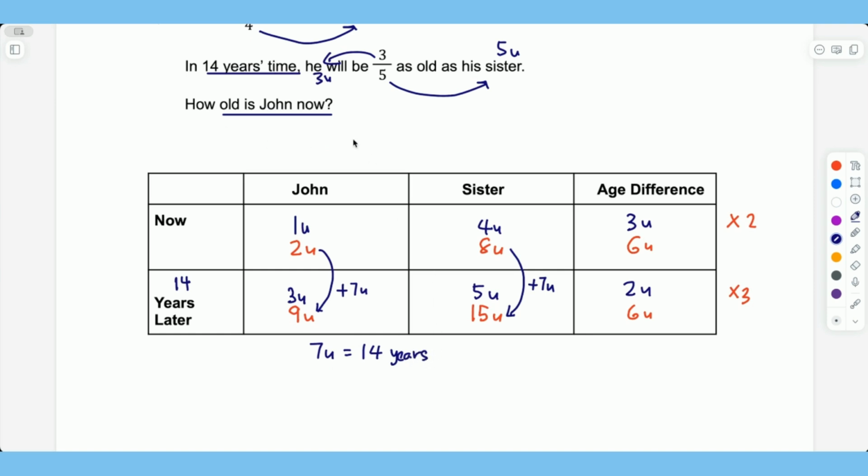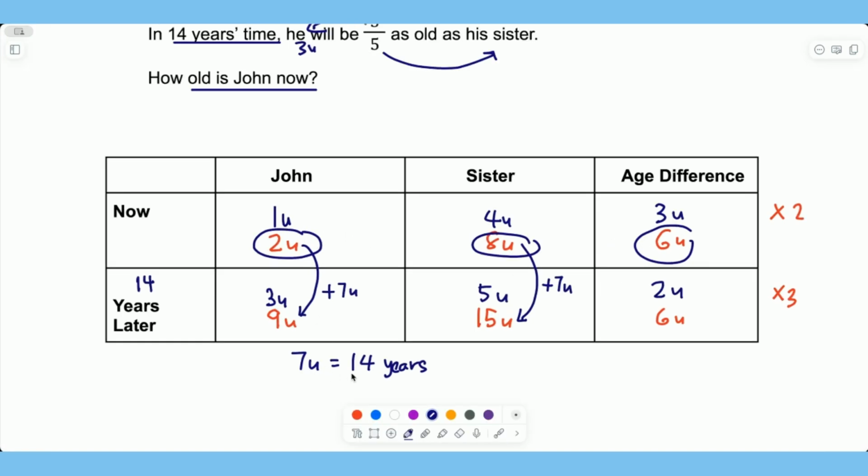The question wants us to find out how old is John now. And we have to look at this number here that we have multiplied. 7 units is 14 years. Let's find 1 unit. 1 unit will be 14 divided by 7, which is 2 years.